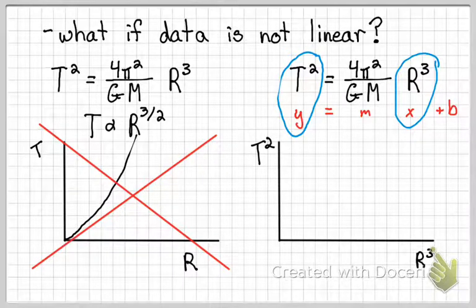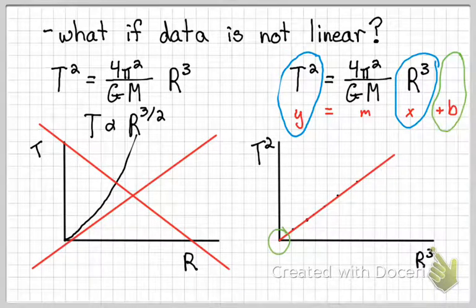So I'm putting my things on the axes, and now I should get data that looks like a line. In this case, my y-intercept is actually 0, because in this formula there's no other term. It might not be exactly 0 because of experimental error, but it should be pretty close to 0.